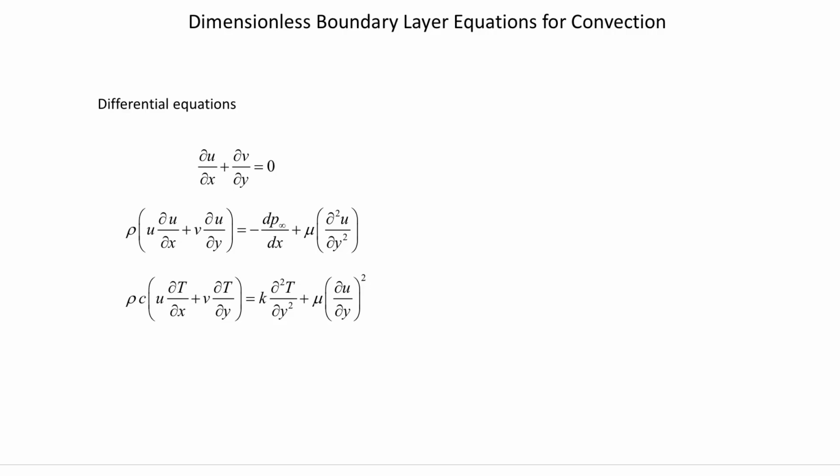We have X, we have Y, we have U, we have V, our two velocities, and then we have a temperature, and we have a pressure. So we need to figure out how to normalize every single one of these 6 things in order to write our equations in terms of those dimensionless or normalized values.